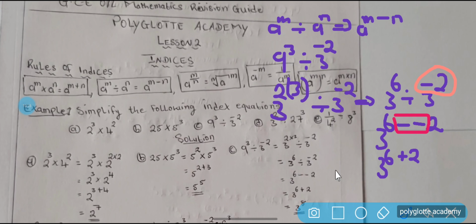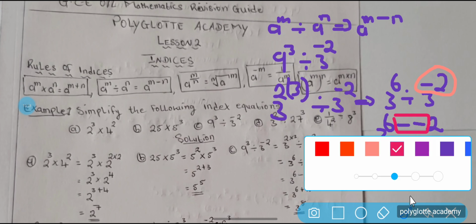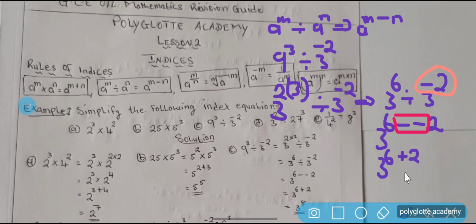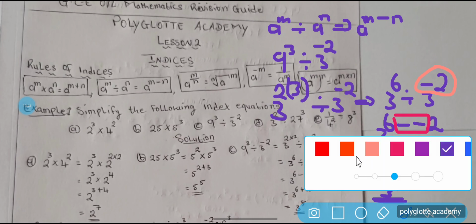This is the final answer. This will be 3 to the power 6 plus 2, which is 8. So this is 3 to the power 8, which is correct.